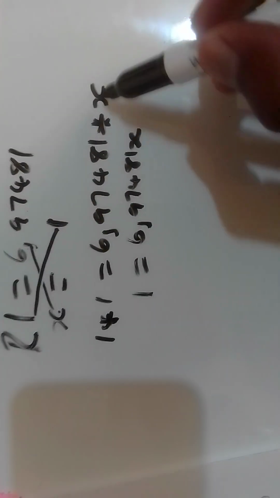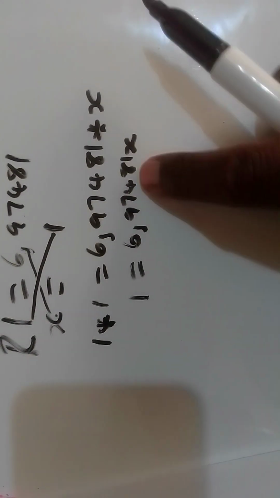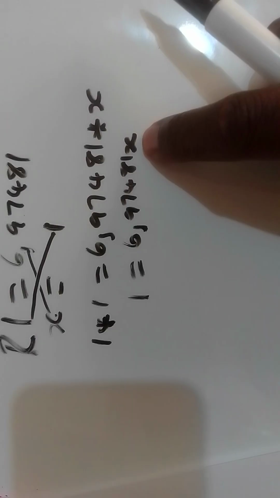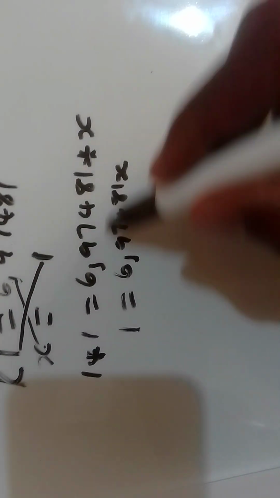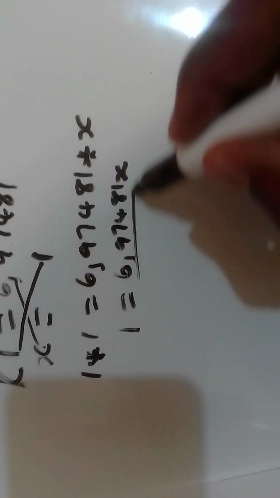At this time, we do not know. Now, 1 times 1 I get 1, which is equal to 6.97481x. When you multiply numbers with a letter, it becomes numbers and a letter. But remember, we are looking for x, so we must divide by this number.